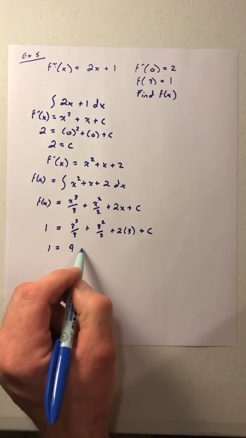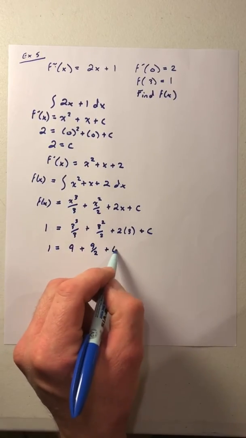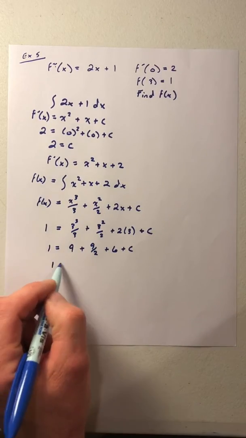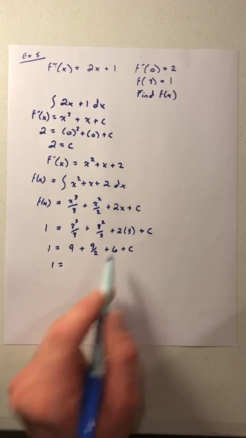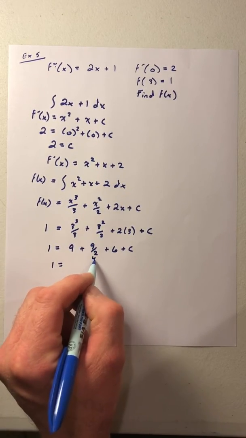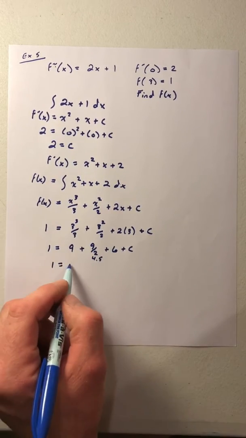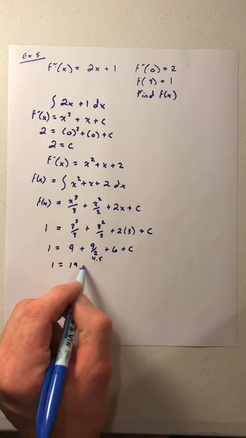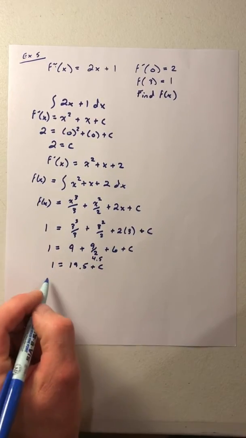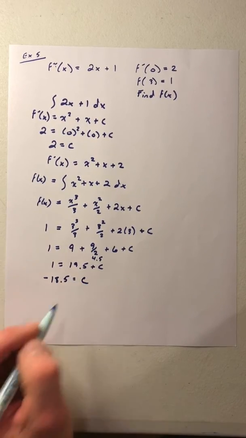So I end up with 9 plus 9 halves plus 6 plus c. Now, cleaning up a little more, 9 plus 6 gives me 15, plus 9 halves. Well, 9 halves is 4.5. So I have 15 plus 4.5 gives me 19.5, plus c. Subtracting my 19.5 over, I end up with negative 18.5 equals c.